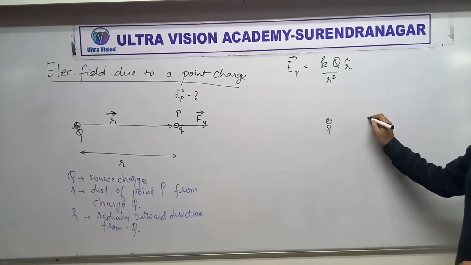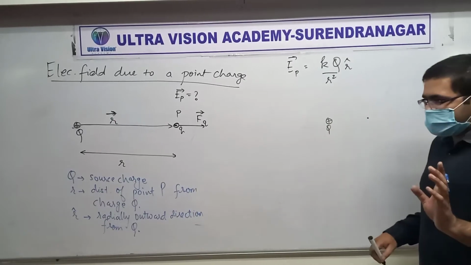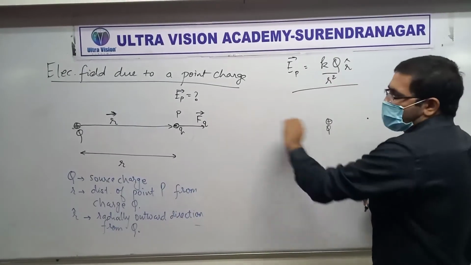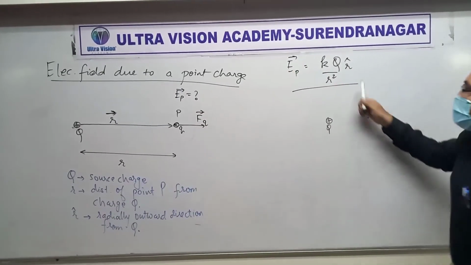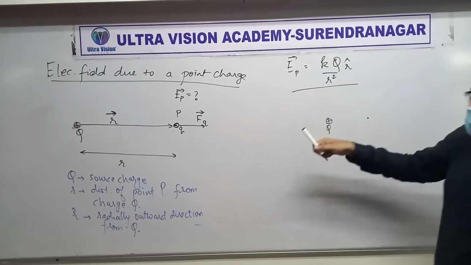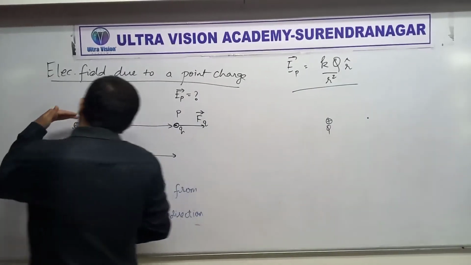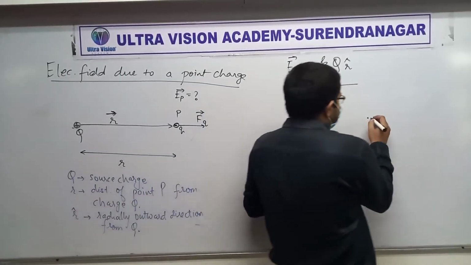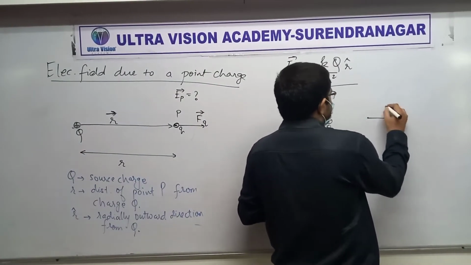At this point on the right side, listen to this carefully. Look at this formula or this diagram. The electric field is in r hat direction. r hat direction means from the charge Q towards that. So electric field will be in this direction. Is this clear?